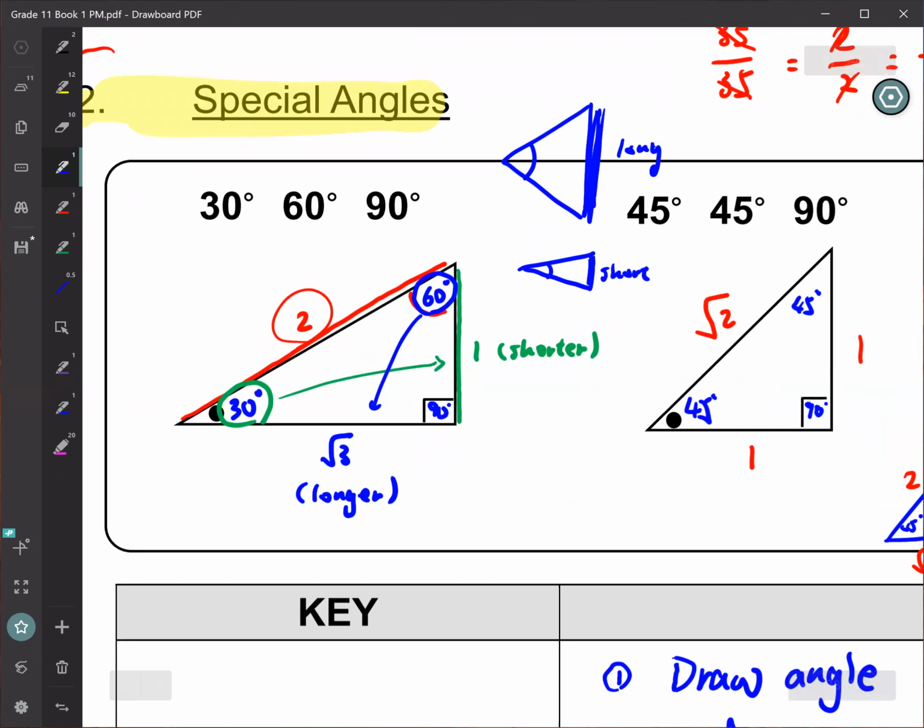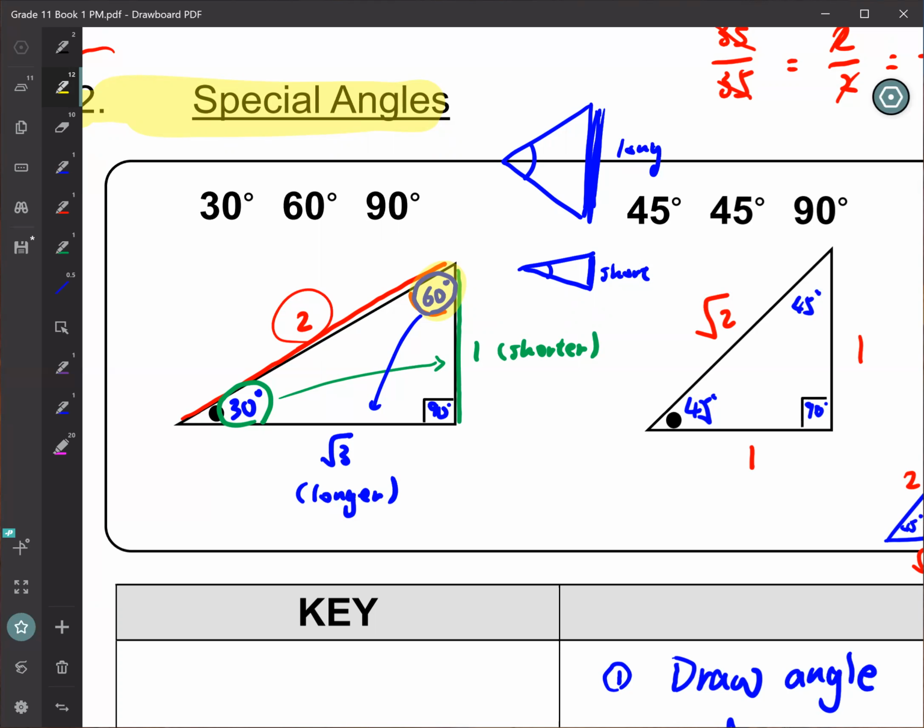So you look at 60 degrees, the one I'm using the yellow highlighter. Do you see 60 degrees now? So across from it, what's the number across from the 60 degrees? Square root 3. Yeah, so that side is called the opposite.